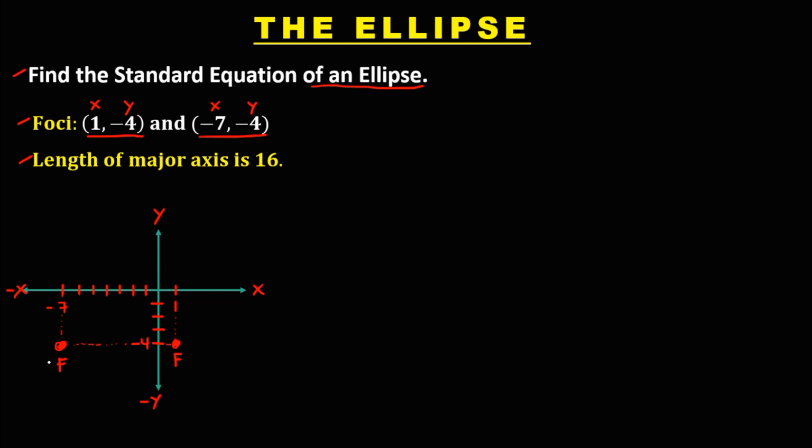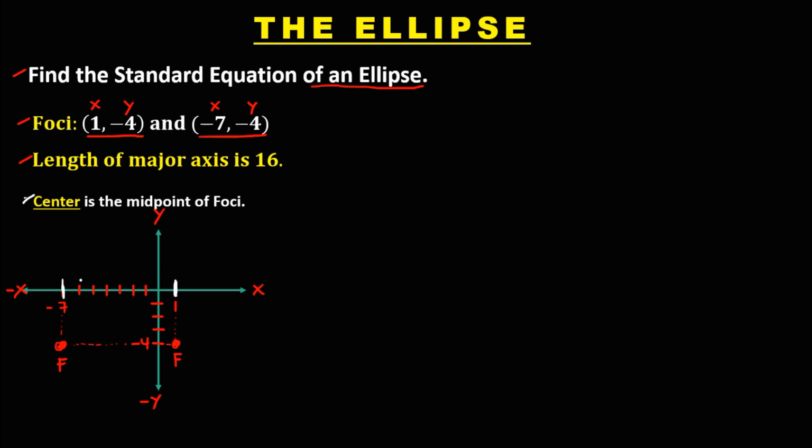Then this time to find the center of this ellipse, because the center is the midpoint of the foci, we're going to use the counting method. So from this point to this point, and in counting you start counting on the next point.